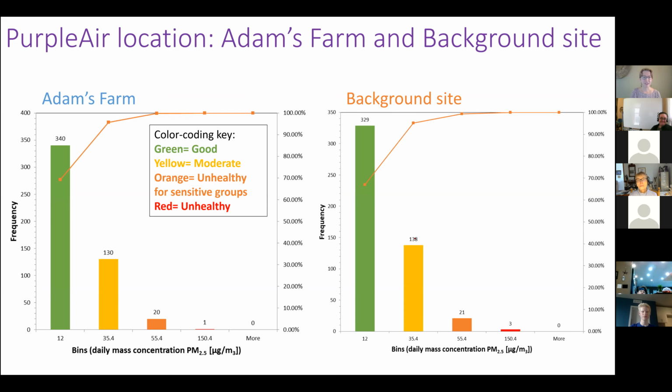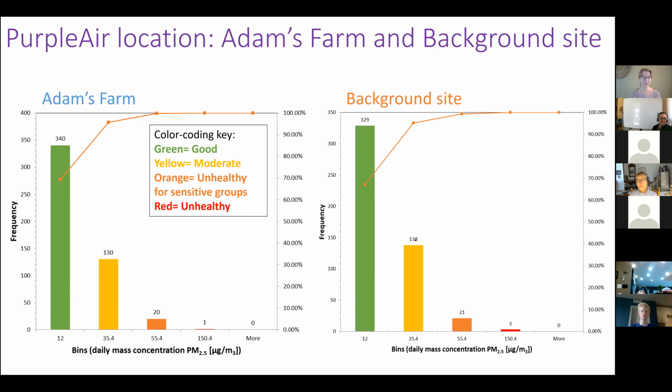So here we have some histograms of both frequency and cumulative percentage at Adams Farm and the background site. Our data is color-coded with the air quality index that I discussed earlier, with green being good, yellow being moderate, orange being unhealthy for sensitive groups, and red being unhealthy.